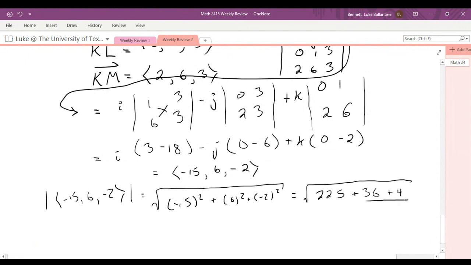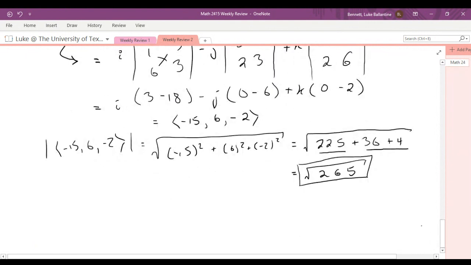So this is 40 plus 225, that's the square root of 265. And this is the answer, the area of the parallelogram.